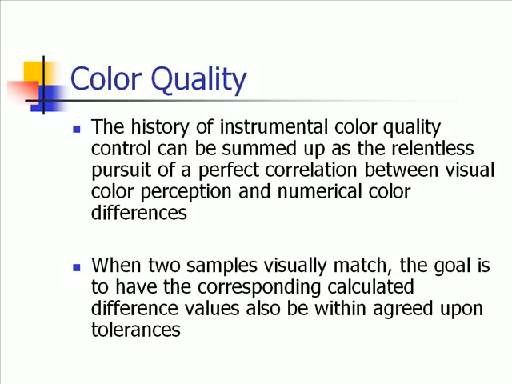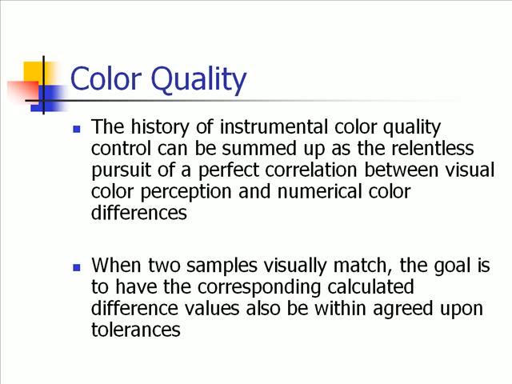When we look at a pair of samples visually, we want to make that pass-fail decision, and then we need to use that number of 1 to agree with that. So every time we visually say two sets of colors match, the difference number should be less than 1. And every time we say they don't match, the color difference numbers should be greater than 1. That's what we're talking about here.